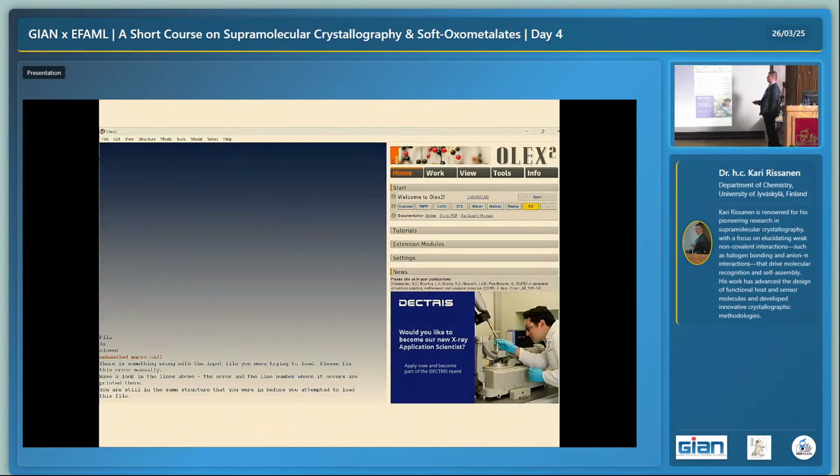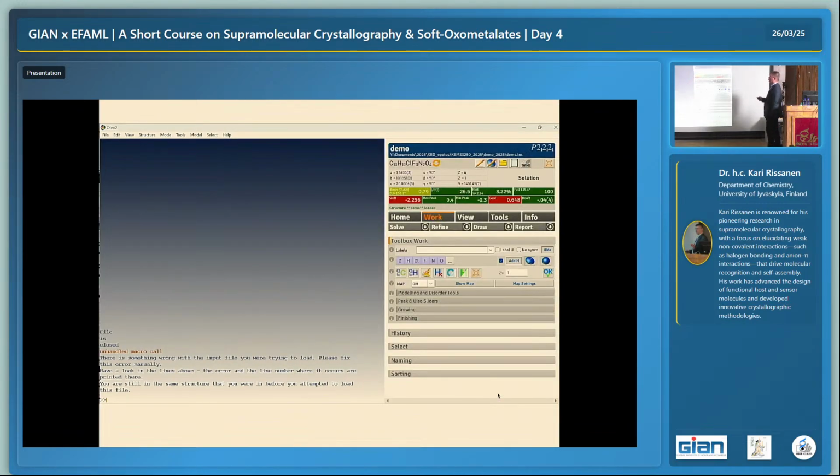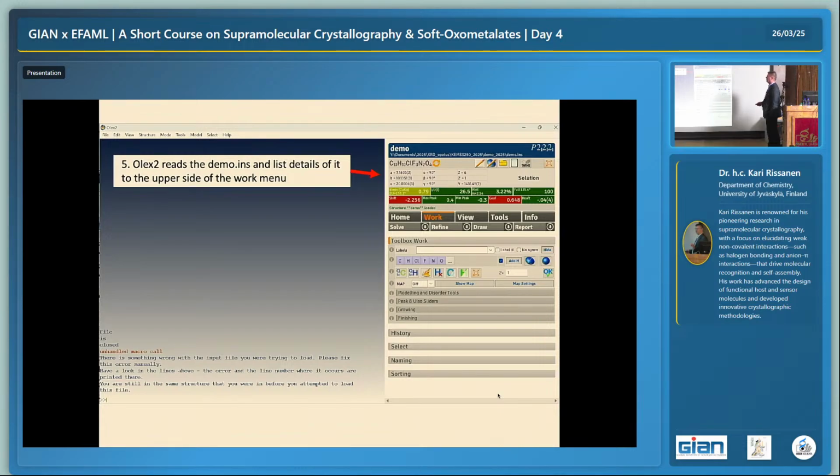Now we start the engines. So now we click work here in the upper menu, and now it opens in this way. It doesn't know anything yet, but you can see the idea now. When we click open, it reads the ins file, and now you can see it wrote our supposed chemical information in here. And now it reads the demo file and lists details in the upper side of the work menu here.